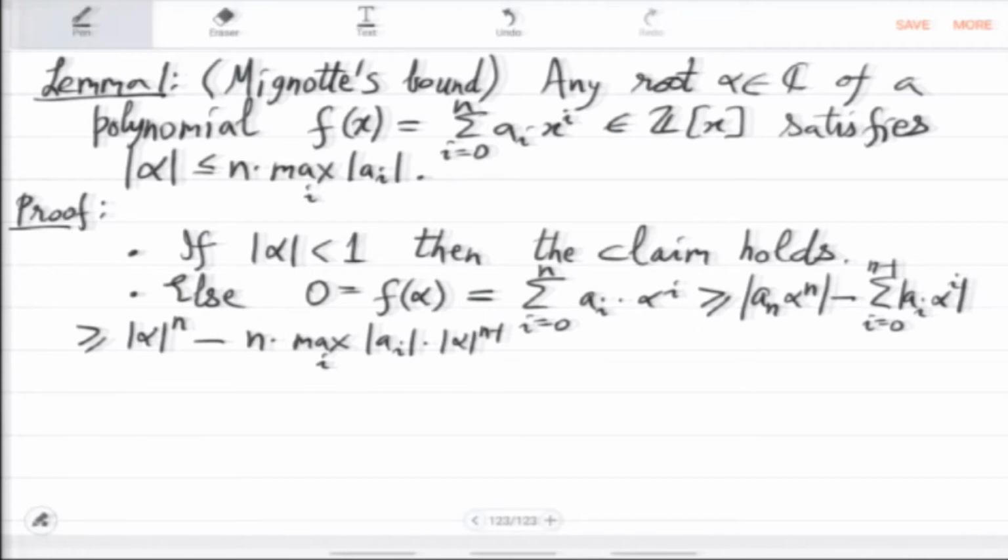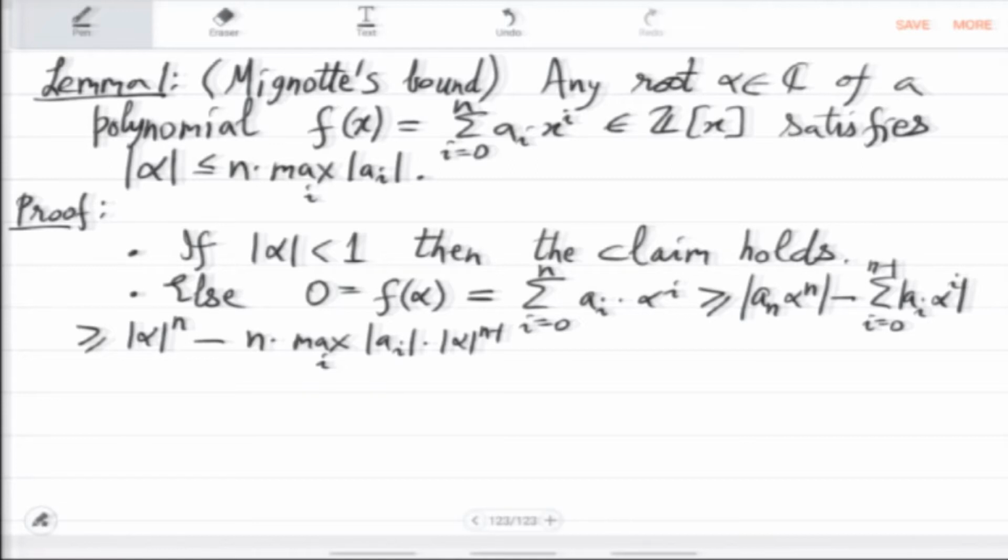So here we are doing two things. One is that the norm of a_i will be at most the max over all the a_i's, and alpha to the i, the norm of that will be at most alpha to the n minus 1. This is because alpha's norm is at least 1, right.